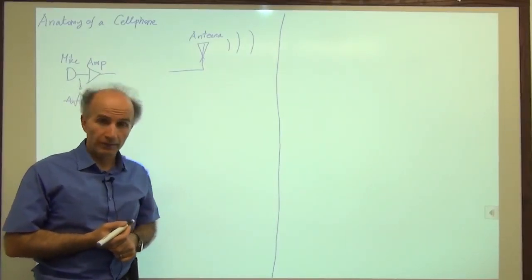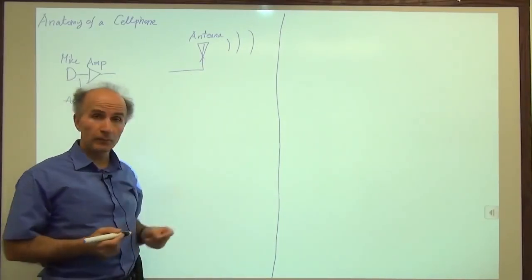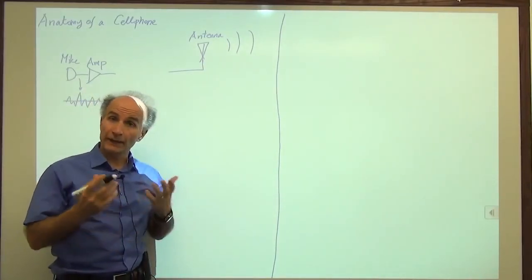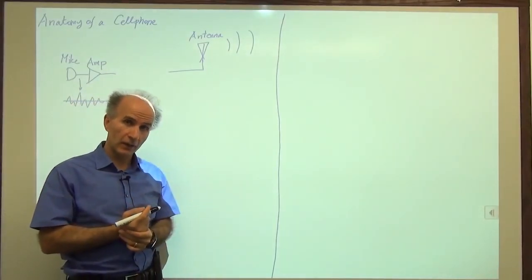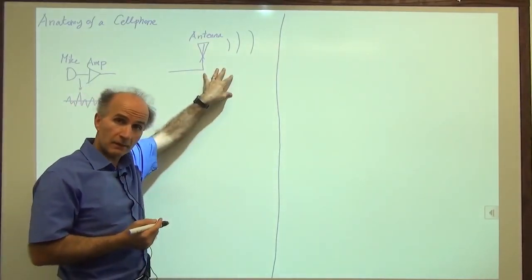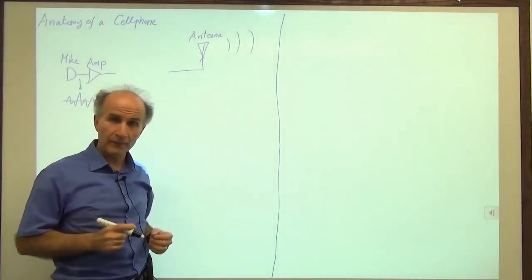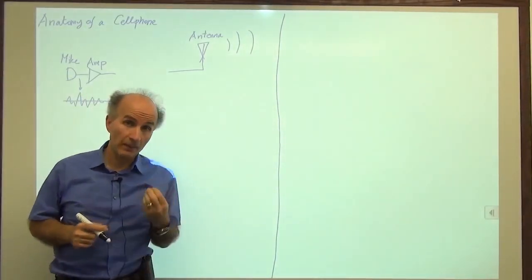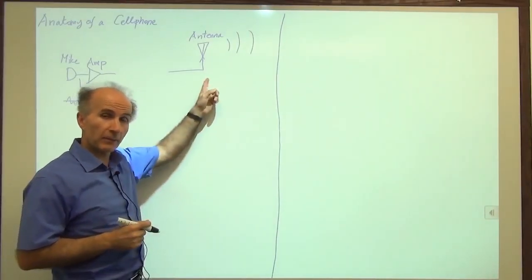Well, no. And the reason for that is that for an antenna to be a good antenna, meaning a good radiator of electromagnetic energy, its dimensions, however they are, whether it's round or rectangular, etc., must be comparable to the wavelength of the signal that we apply to it.